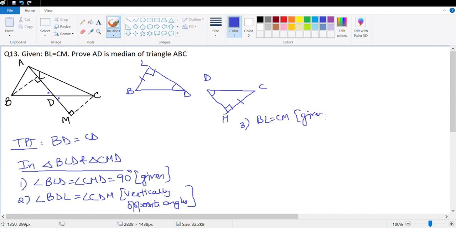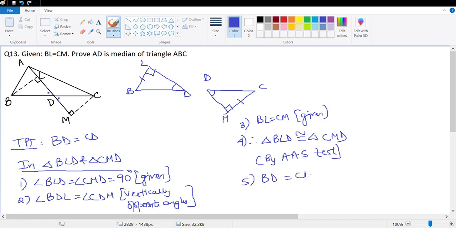What this means is, therefore, triangle BLD is congruent to triangle CMD by angle side test. What this means is BD is equal to CD, reason CPCTC, and that gives us, therefore, D is midpoint of BC and AD is the median.